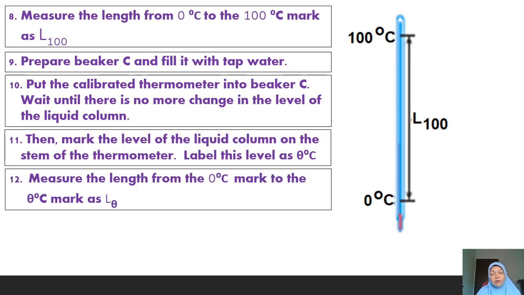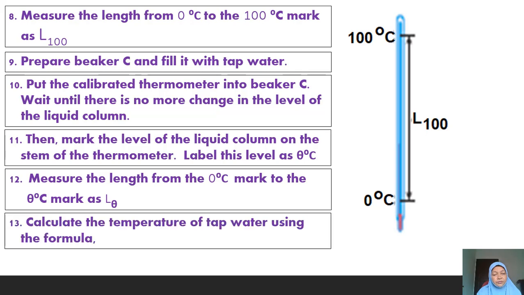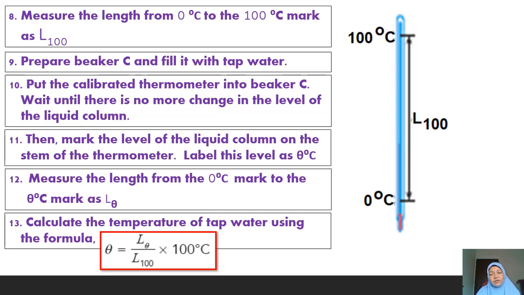Next, we measure the length from the 0 degree Celsius mark to the theta mark. Next, we calculate the temperature of tap water using the formula theta equals L theta over L100 times 100 degrees Celsius. So this is how we get the unknown temperature, right?